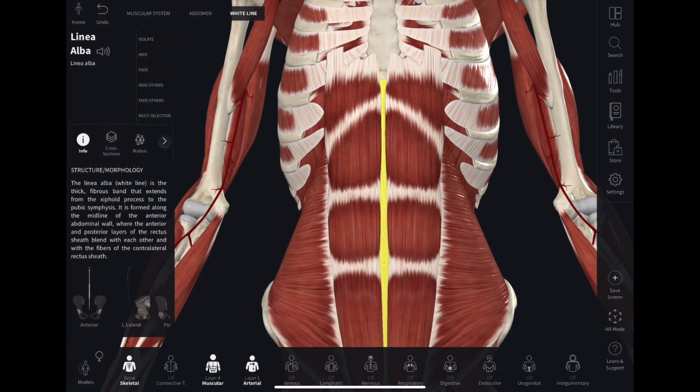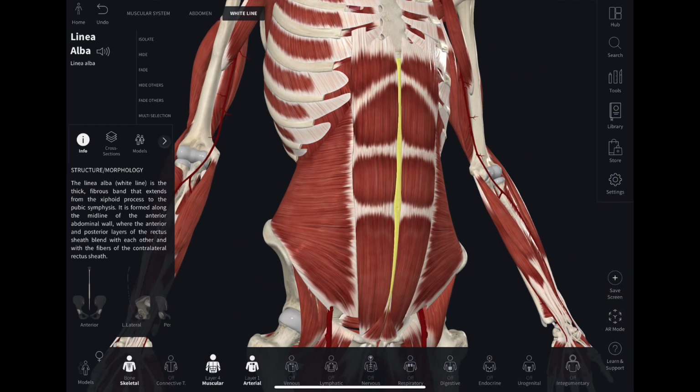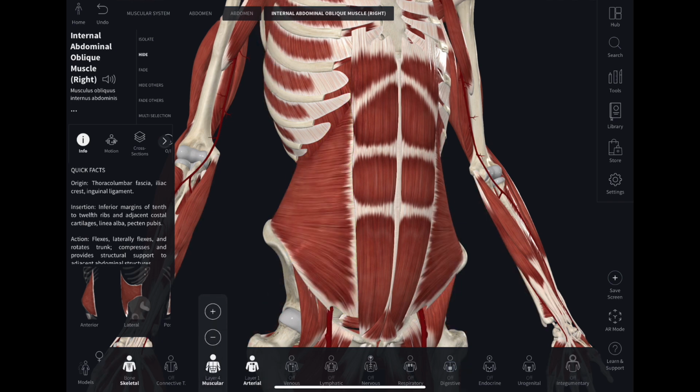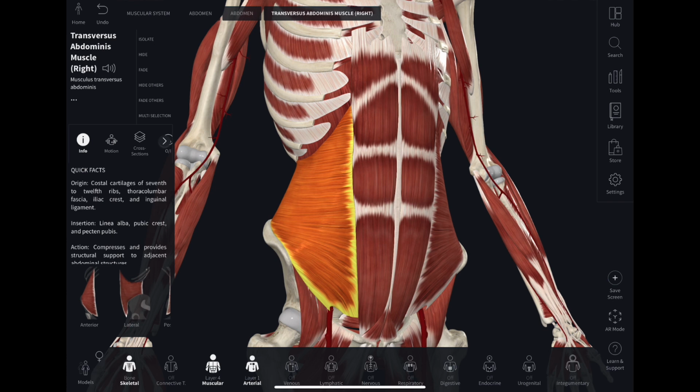Next, the innermost muscle of the torso is known as the transverse abdominis, and that muscle is, let me see, so this is the transverse abdominis.